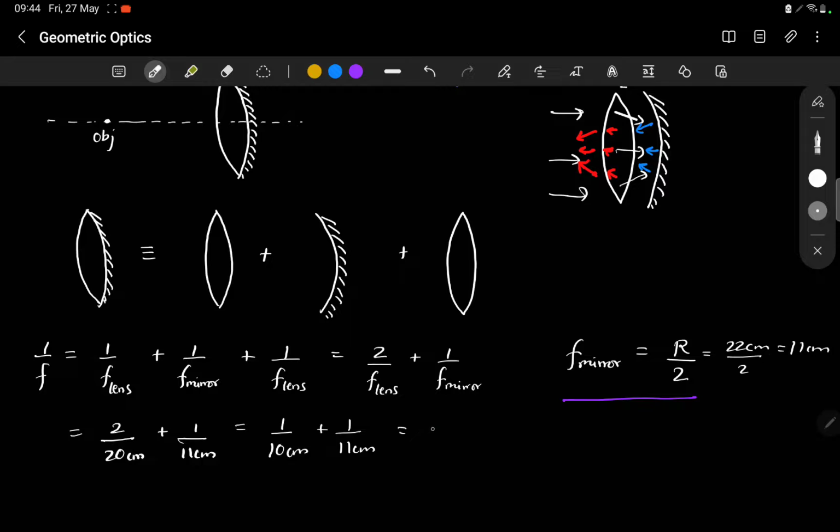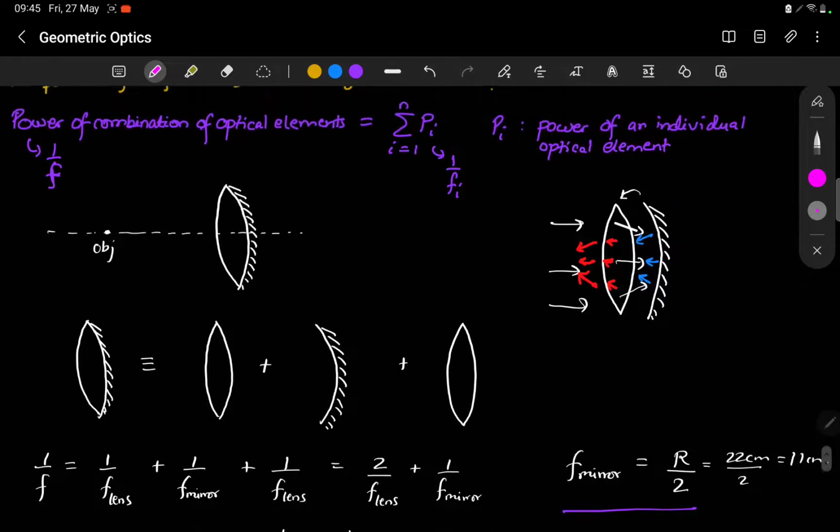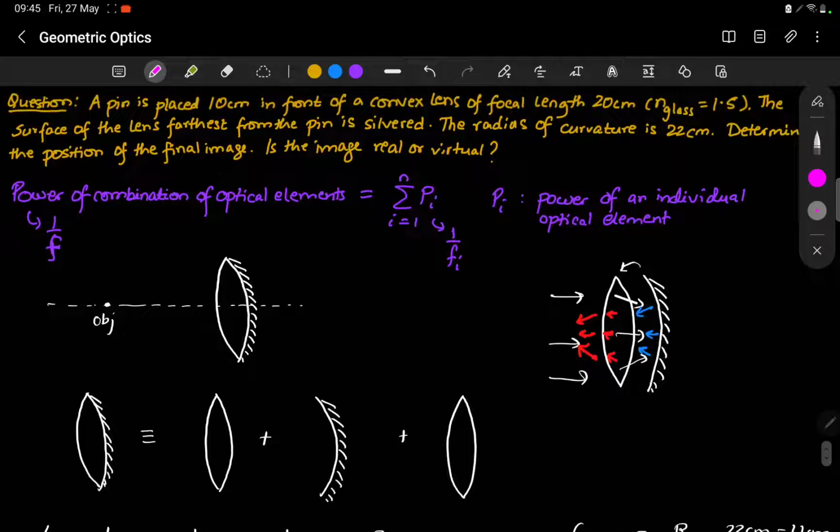This gives us the focal length, which is the equivalent focal length of our combination of our silvered convex lens. So we have found out the equivalent focal length.